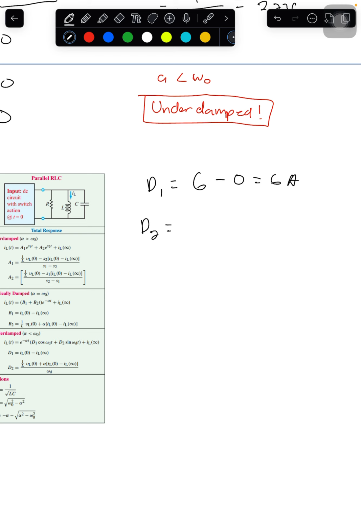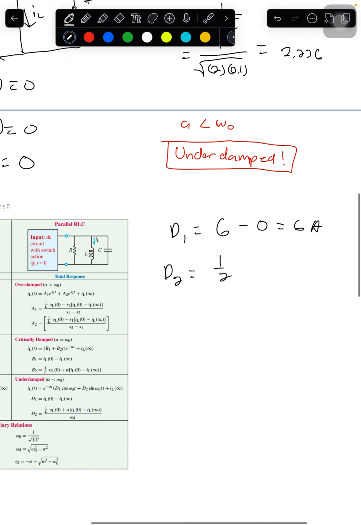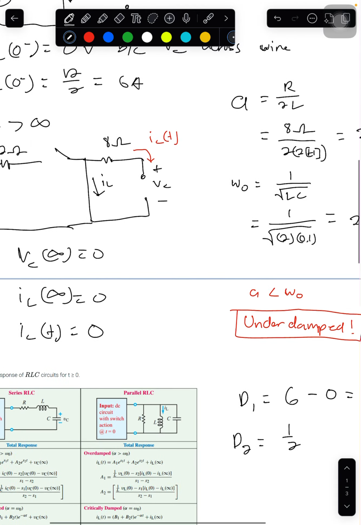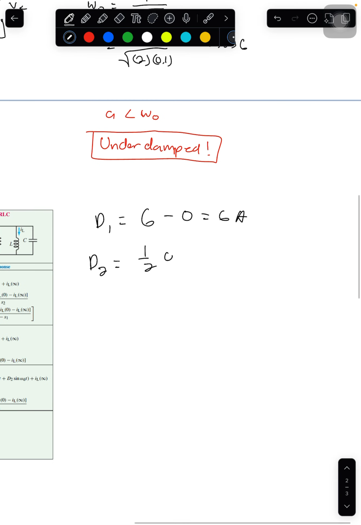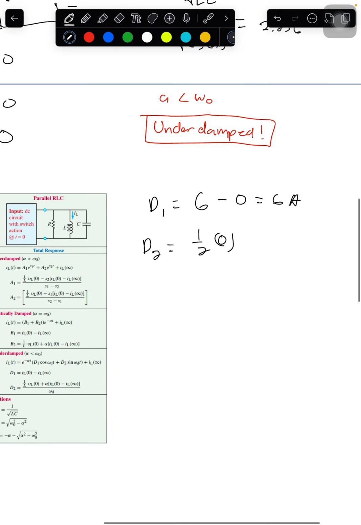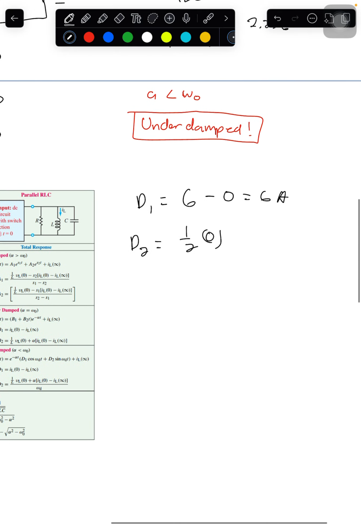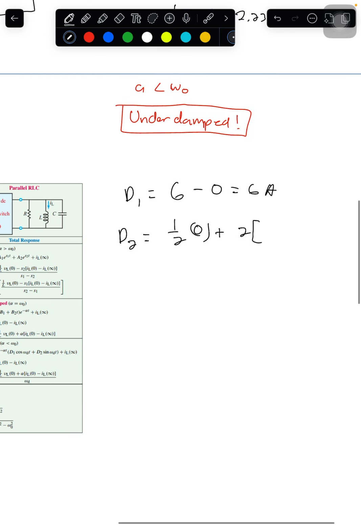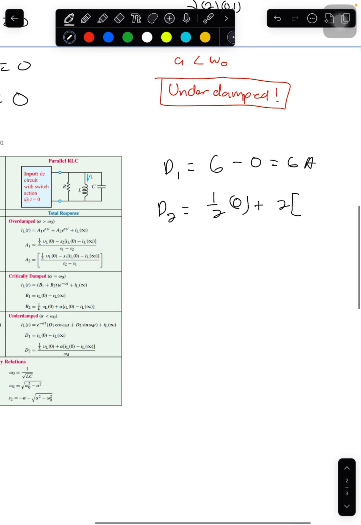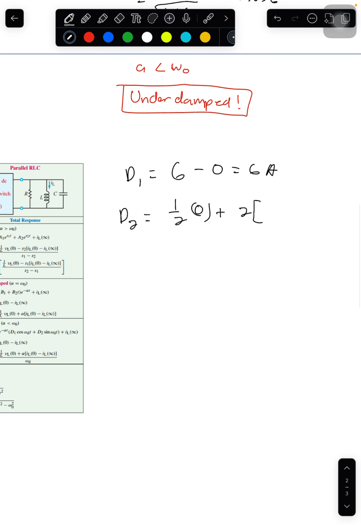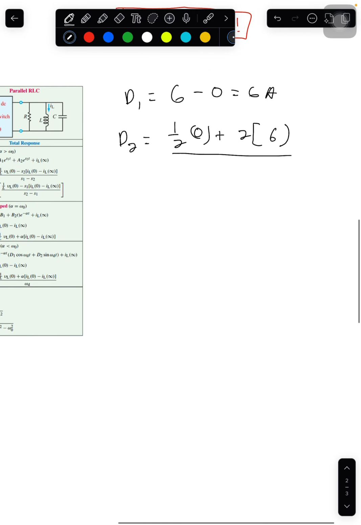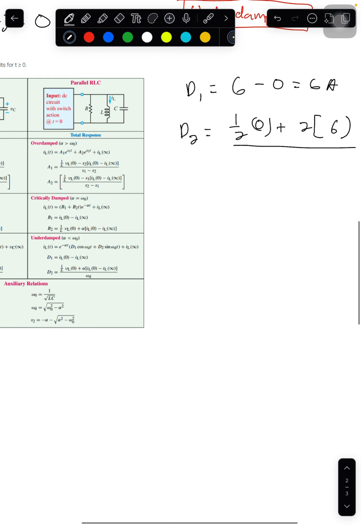And D2, on the other hand, equals VL(0), which is 0, plus alpha, which is 2, times IL(0) minus IL(infinity), which is the same thing as here. So we're just going to put in 6 amps, and that's going to be over omega D.